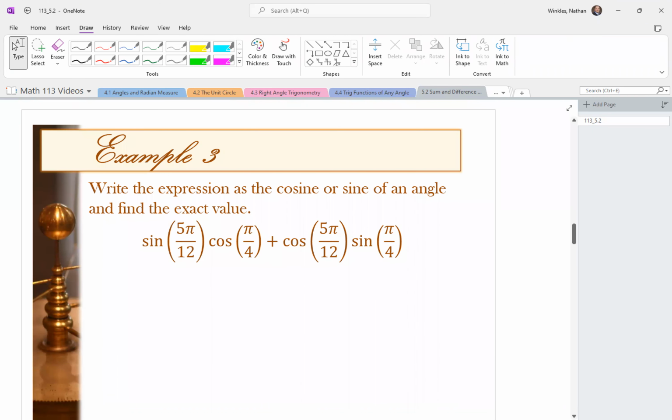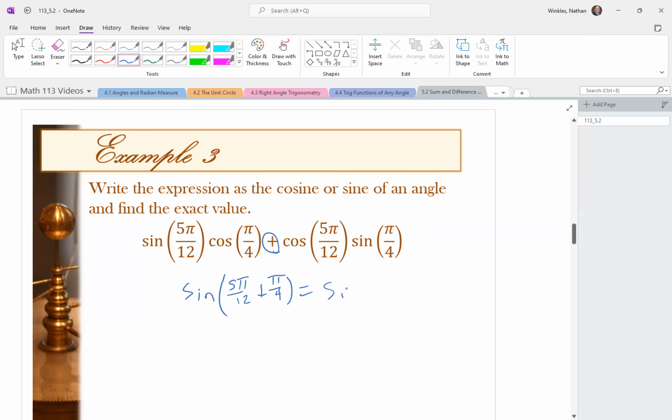So again, we're told now we're going to be working in radians instead of degrees. So it's sine and cosine, so it's mixed. That means it's either sine of alpha plus beta or alpha minus beta. We have a plus sign right here. So for sine of alpha plus beta, we're going to add. So this is sine of 5 pi over 12 plus pi over 4.